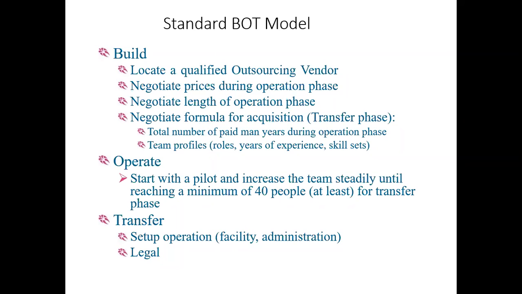Public and private, different sectors can be involved. And through public funding, whatever the construction expenditure is there, some revenue is generated, and the government is also helped. So this BOT formula is quite successful if it is used properly.